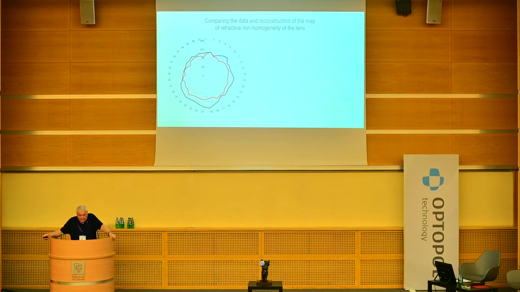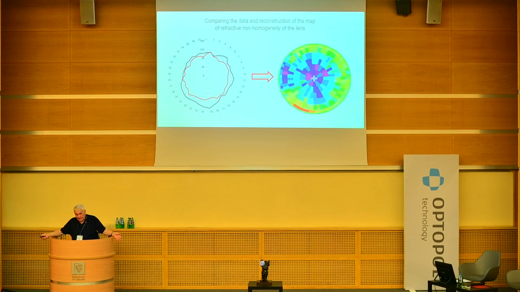Here is an example of two such trajectories on the retina. And if you calculate the differences between their positions, you will get the map of non-homogeneity of the lens. So this is the solution of the problem. Thank you.